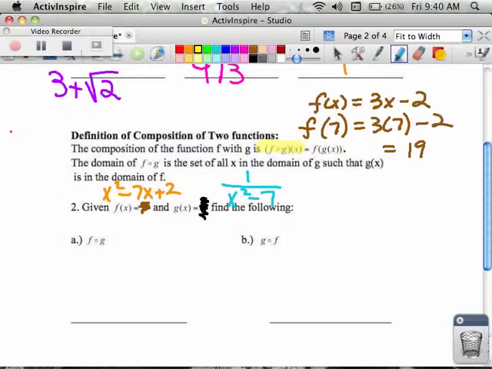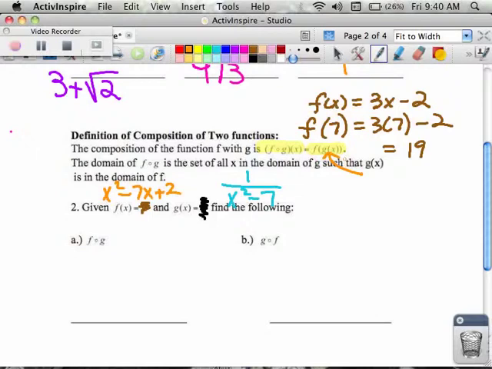So whichever thing comes second, that's what's getting shoved in. How do I know that? Well, the other notation for this f circle g of x looks like this. And you can see that the g is getting shoved inside, just like our 7 previously, for the f function.